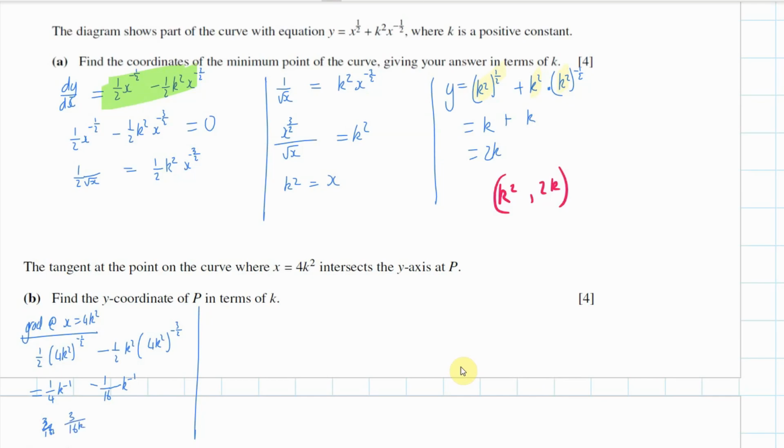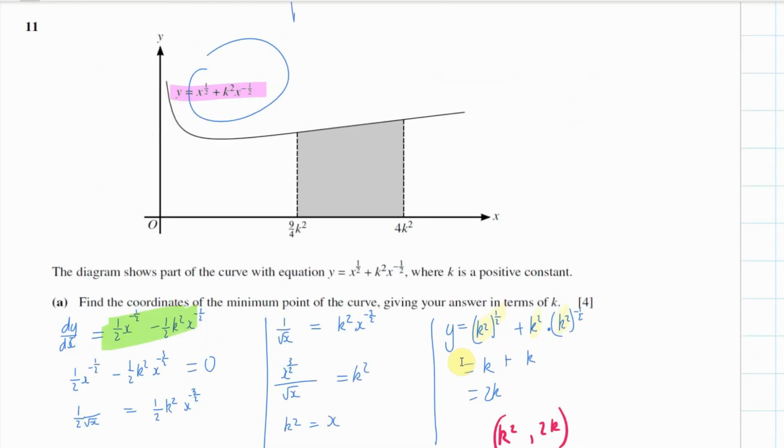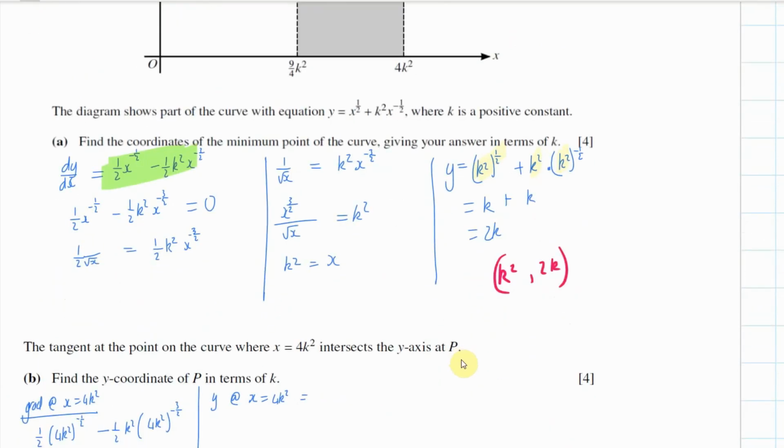Now, the y coordinate at x equals 4k squared, now I'm going to pop that into the original function here.